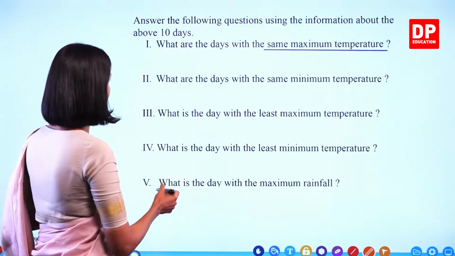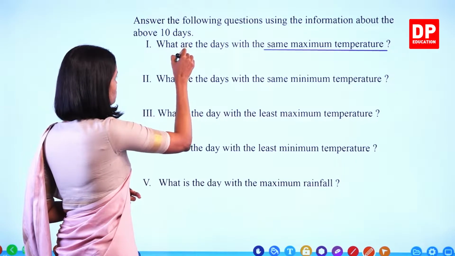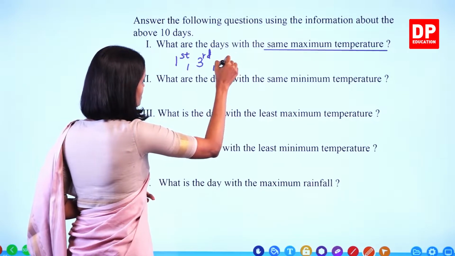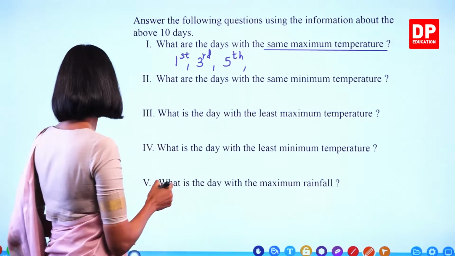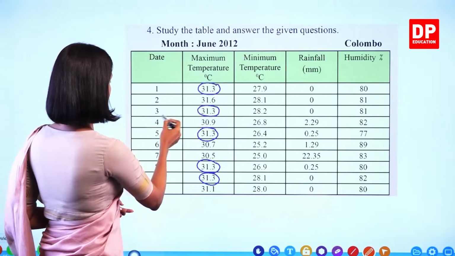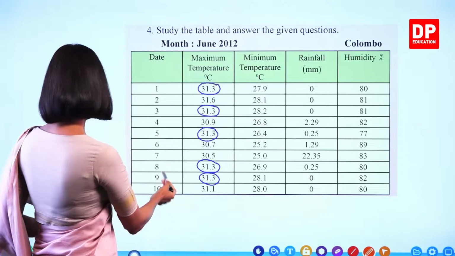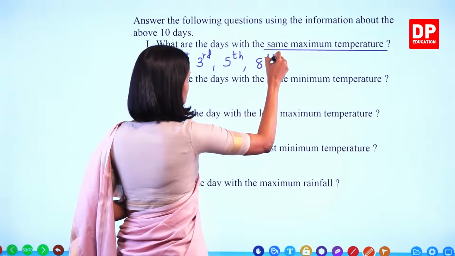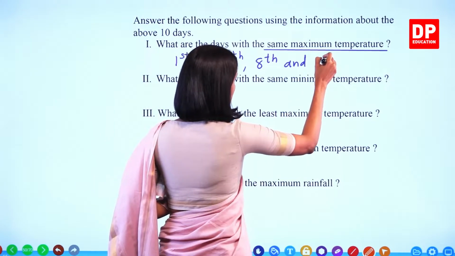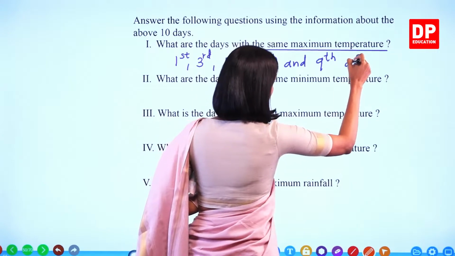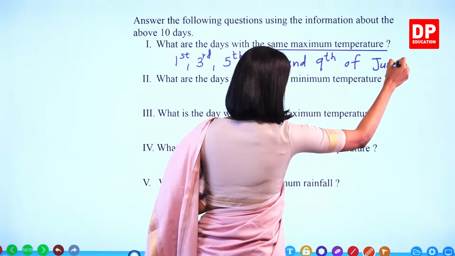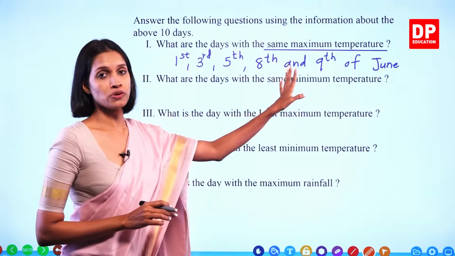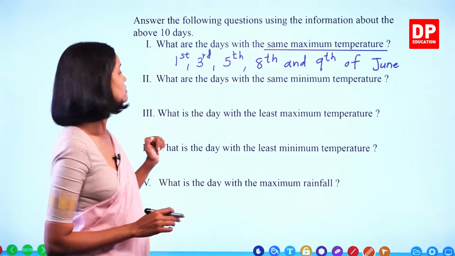We'll write 1st, 3rd, 5th, 8th and 9th of June. Okay? 1st, 3rd, 5th, 8th and 9th of June. They have the same maximum temperature, right?